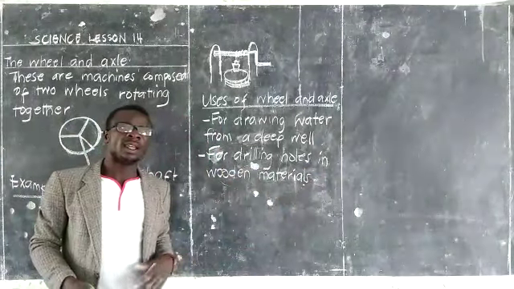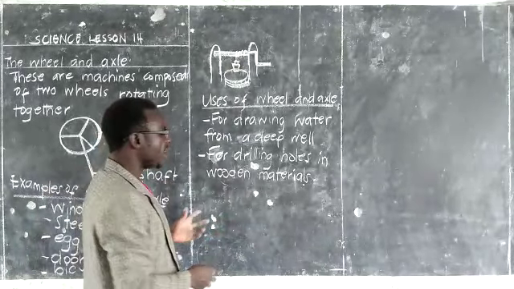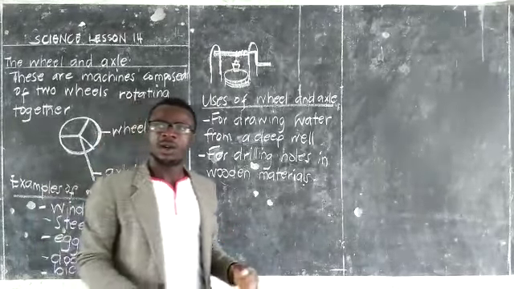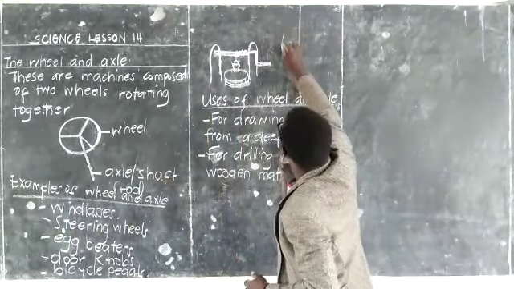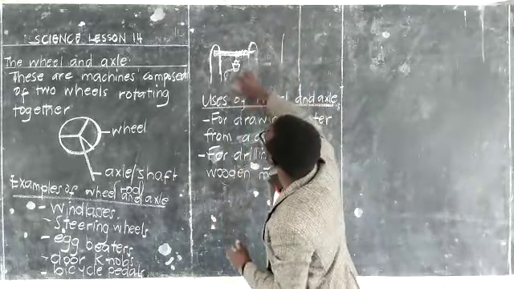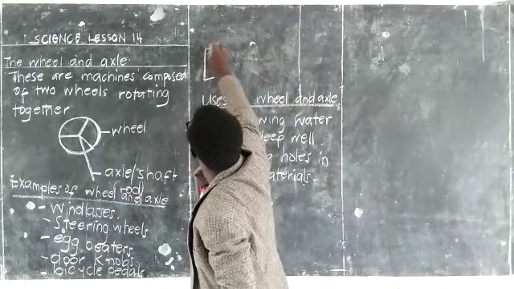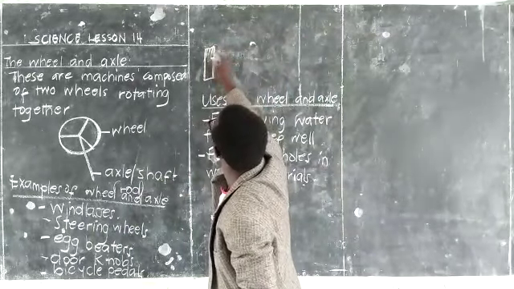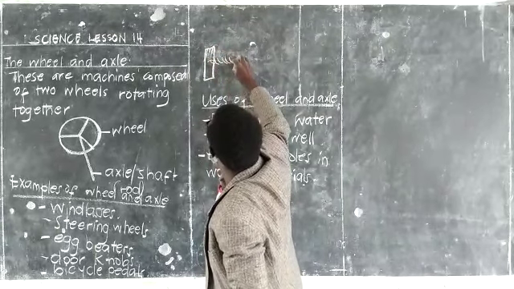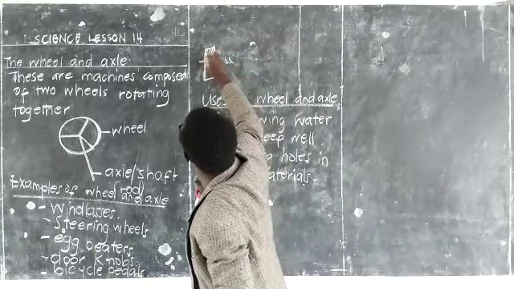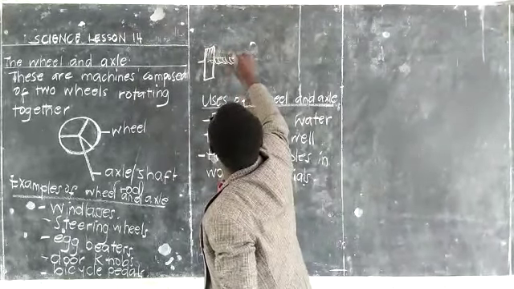These are commonly used by carpenters, who have a machine called a brace. For example, we have a piece of wood, and if a carpenter wants to drill through this, the brace has a sharp edge.